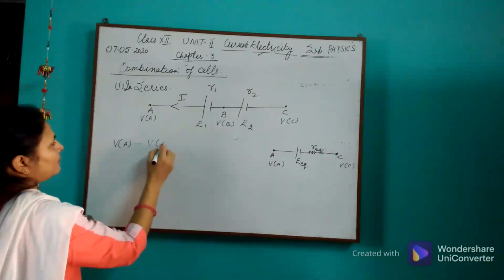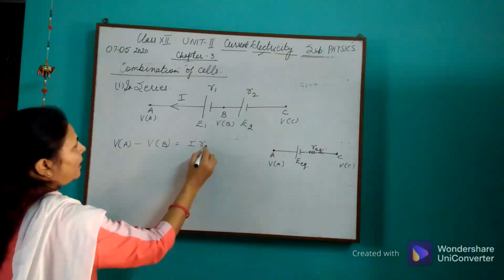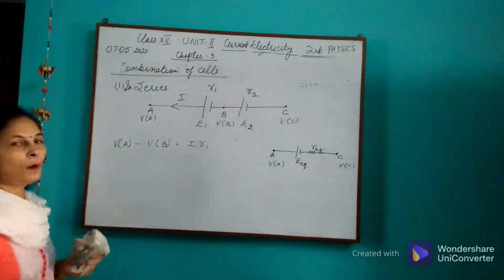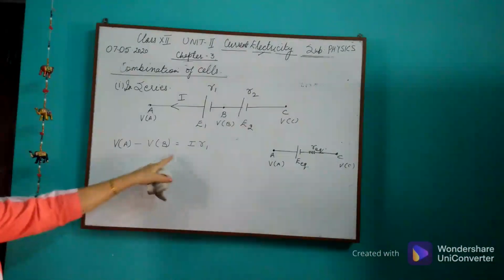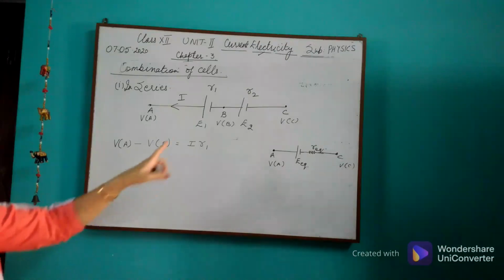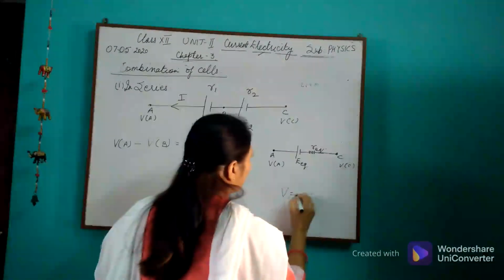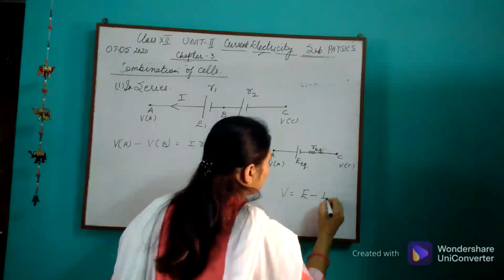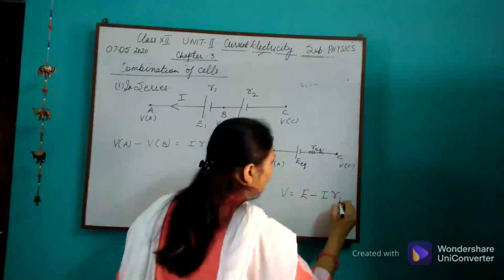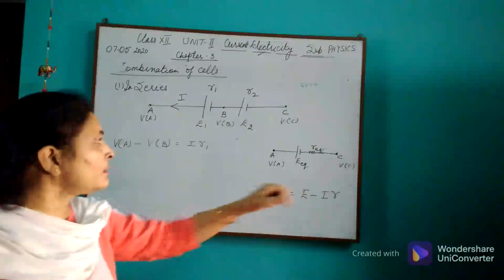Now, VA minus VB will be equal to the potential difference across the first cell. The formula which we have obtained just now was V is equal to E minus Ir if the internal resistance is to be considered.